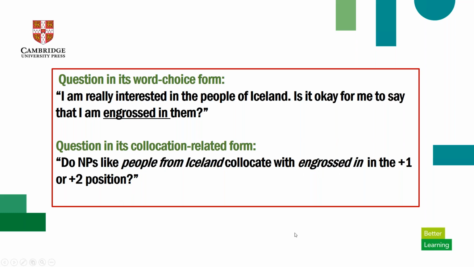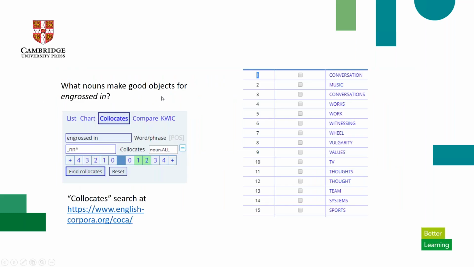That is, 1 or 2 spaces to the right, as we saw in our span. By reframing this question in this way, you can use this tool to answer your question.